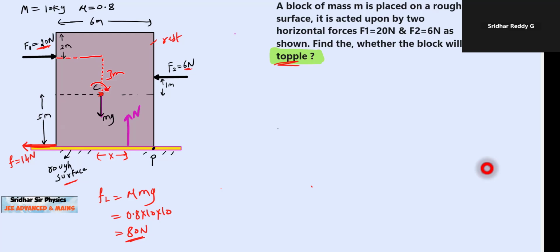Torque by the friction: this will be 5 meters, and the friction force is acting, so this torque will also be clockwise. Torque due to weight passes through the axis of rotation, so it will not set up any torque. Torque due to applied force F2 into this 1 meter will be anti-clockwise. Torque due to normal contact, this will be x, this will be N, will again be anti-clockwise.